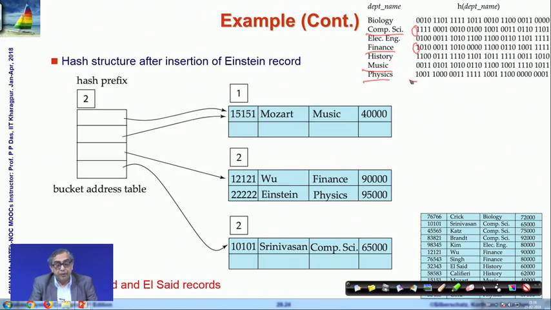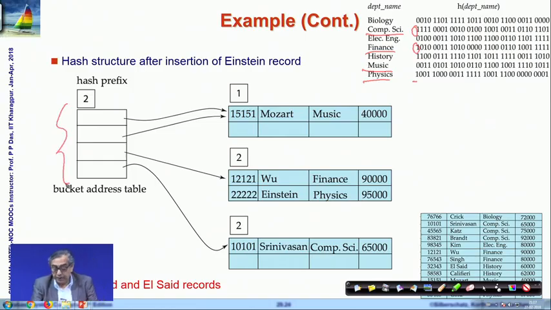So, what I need to do? I need to actually expand this. Now, how do I do that? I cannot expand this because there is no more space left. So, all that I need to do is to actually expand the bucket address table.